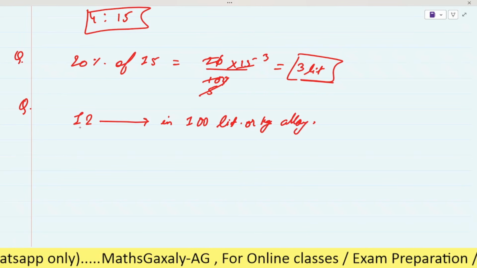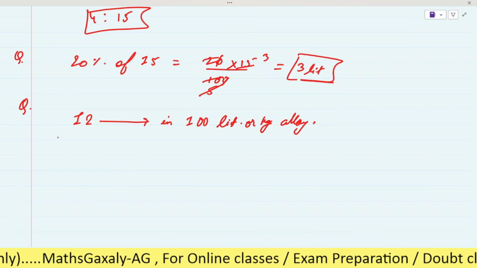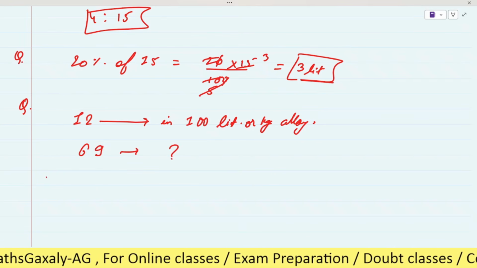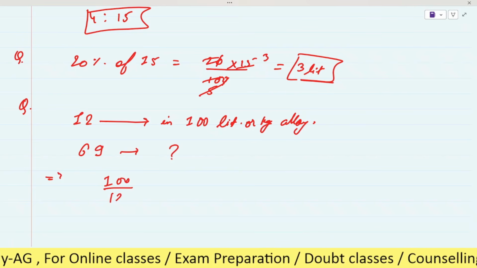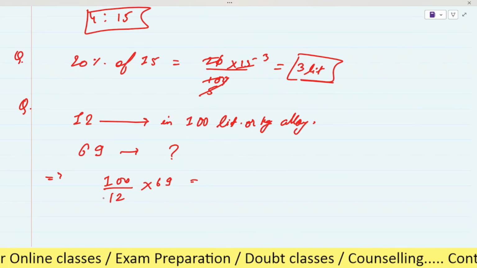Is it clear? So it is 12% in 100 kg. Then what will be for 69 kg? Like this you can solve it, okay? So it will be 100 divided by 12 into 69. Now you have to solve it.